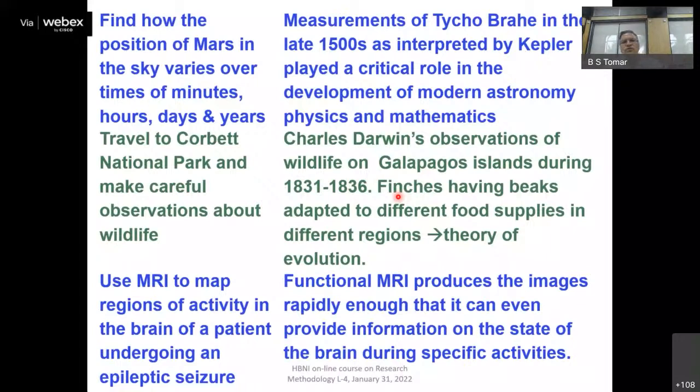And that is how he gave the theory of evolution. So it is merely an observation, but it gave such an excellent theory of evolution. The other day I was telling about the spines on the sticklebacks living in the vicinity of trout in a lake. The spines become larger.